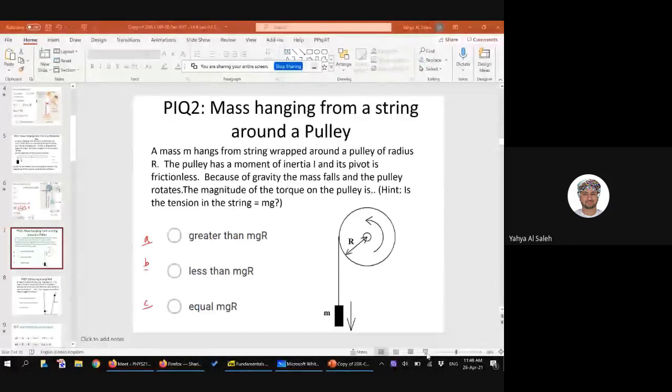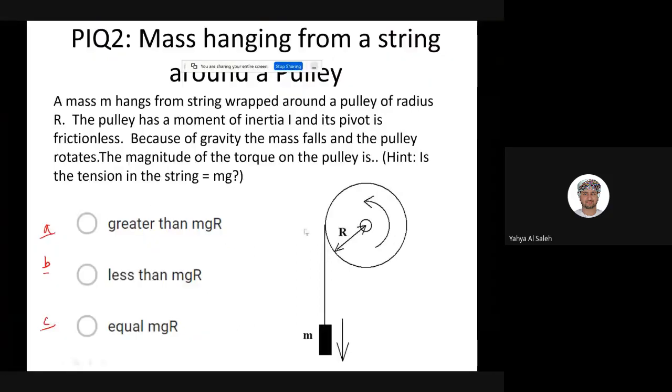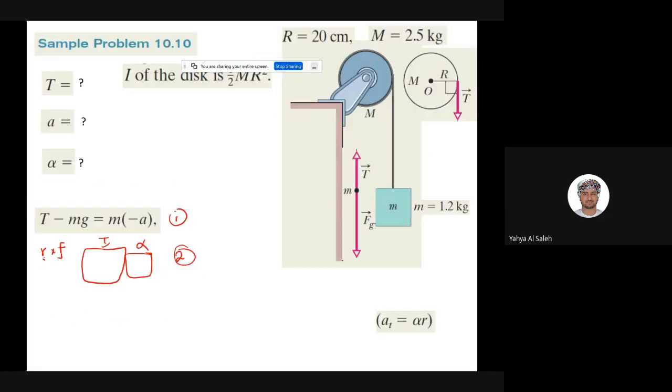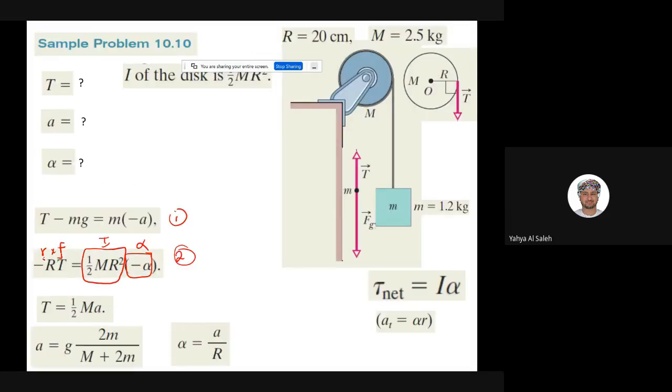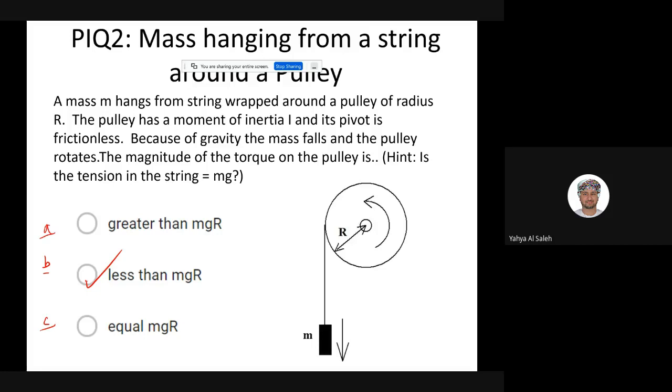Okay, so indeed the correct answer is less than mgr. Because just like in the previous question, we have mg down, we have tension up.